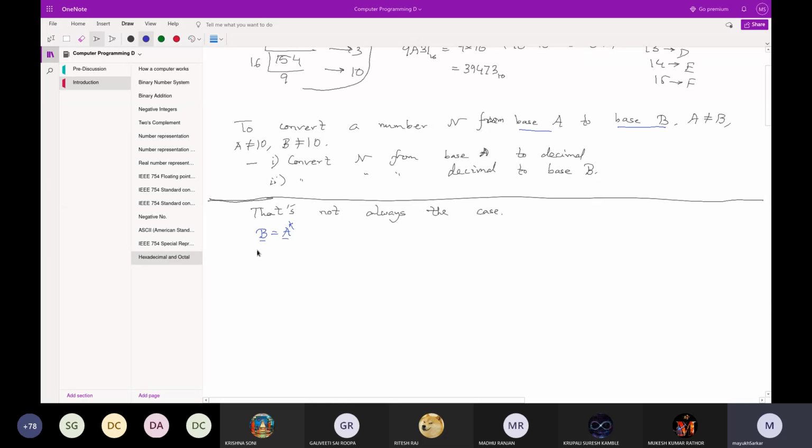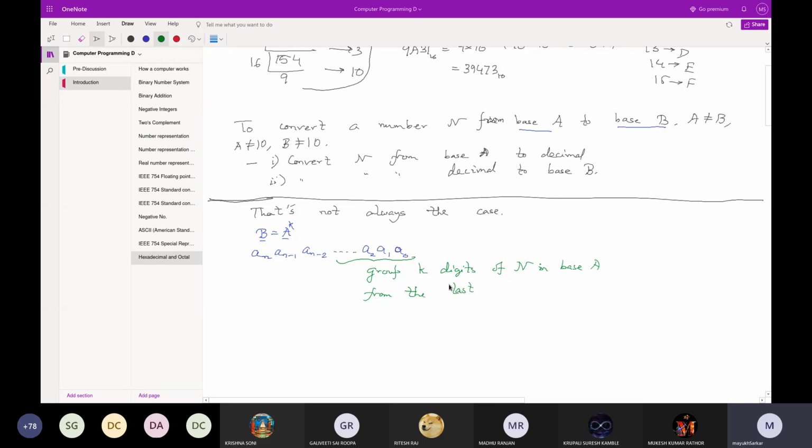What you can do is simply take the number a(n-1), a(n-2), and so on, down to a2, a1, a0, and group k digits of n in base A from the last.